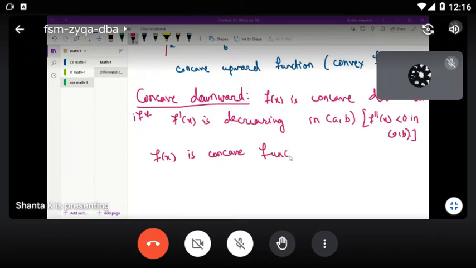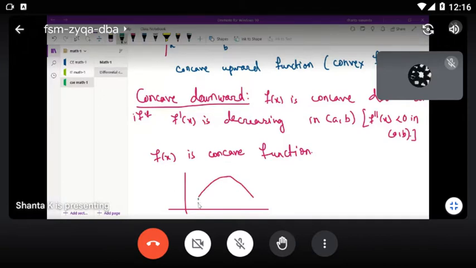Okay. So just know that, but if you go higher, we don't use this concave part. We only use either it's convex or not. And what we do for the concave functions, we simply multiply the negative sign there and make it convex, and we do whatever we want to do there. So for the concave downward, we are having this.